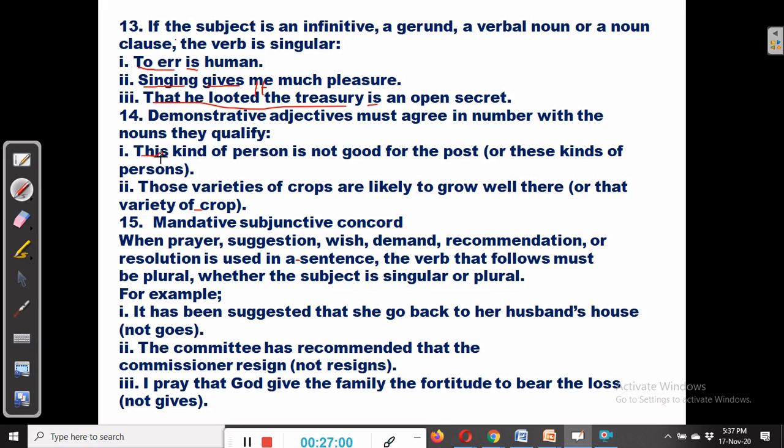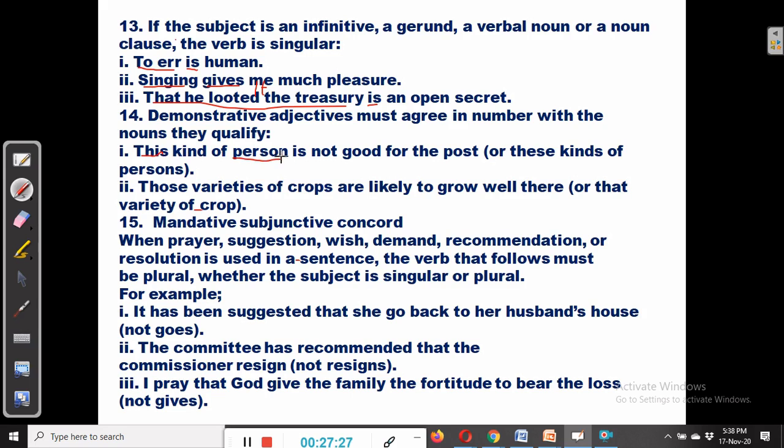It becomes a demonstrative pronoun if it doesn't modify anything. If we say "this is not good", it becomes a demonstrative pronoun. But here it is modifying "person". So "this" must agree with "person".